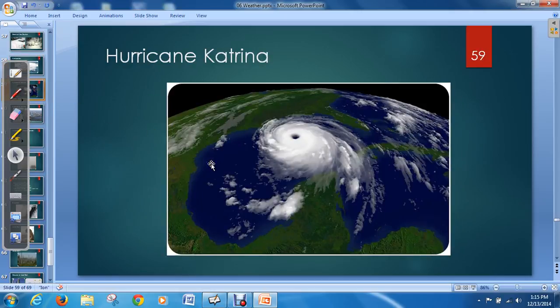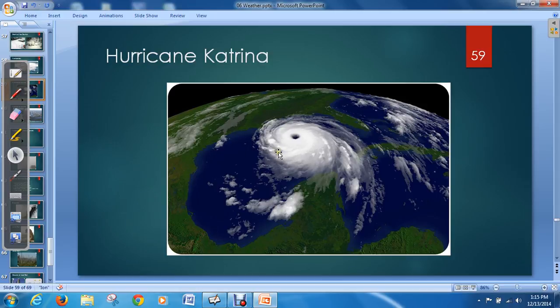This is an actual satellite image taken from Katrina, or a computer generated data image from a satellite. You can see it has that eye of the storm and this large circling around. And you can also tell this thing is pretty big. This is one part of Mexico, and this is Florida over here. So this is spreading across the entire Gulf of Mexico, which is really quite fascinating and incredible that it's that large.